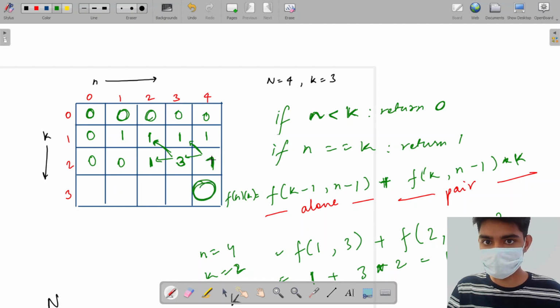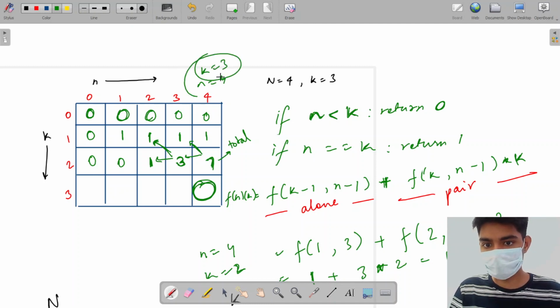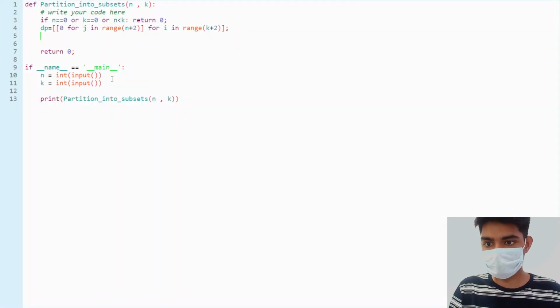Because every single cell is representing the total number of ways. And when I'm here, this would represent the total number of ways for n is 4 and k is 3. That's what I want, so this cell would represent it. So I'm going to take a DP array of n plus 2 and k plus 2.